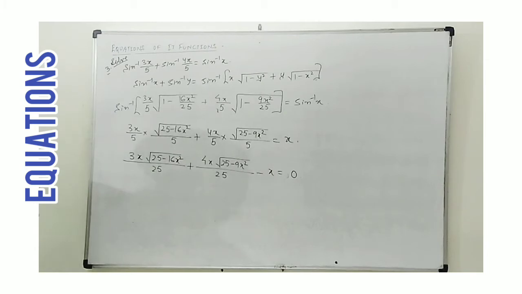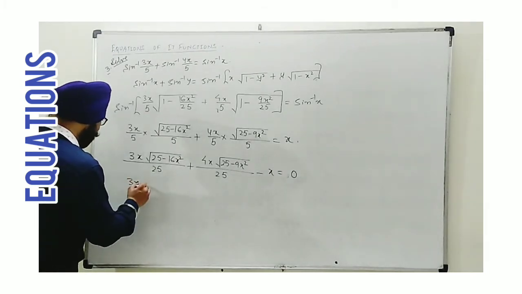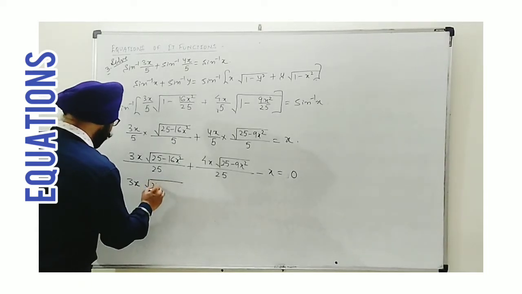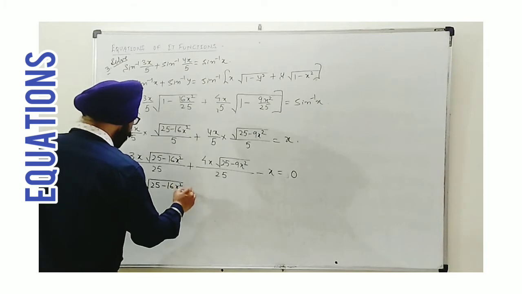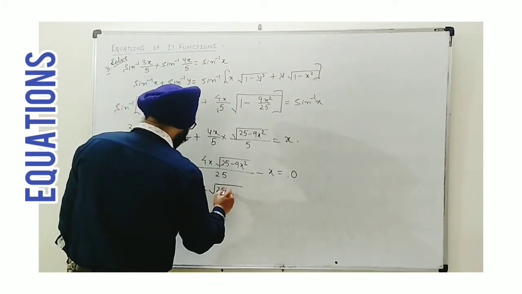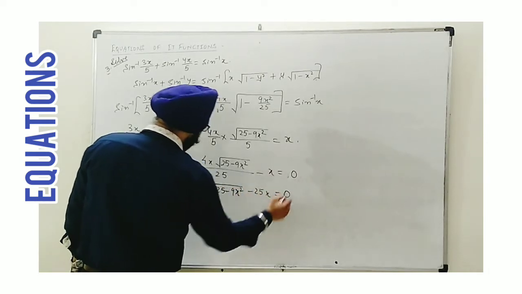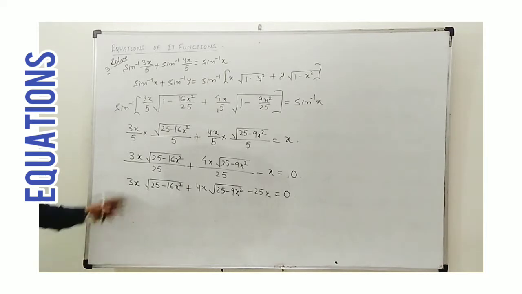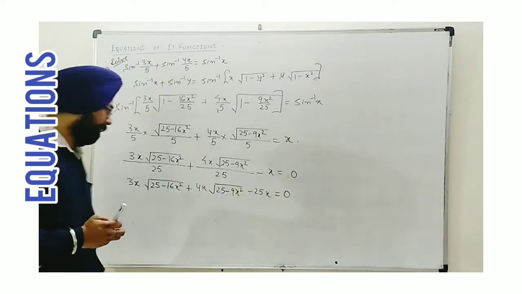As we see, the LCM is 25. So in the next step we can write 3x root 25 minus 16x square plus 4x root 25 minus 9x square minus 25x equal to 0. As LCM was taken, it is multiplied to x, and here 0 will remain 0 as it is.